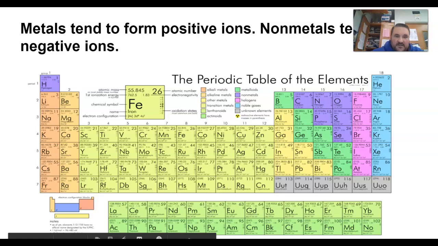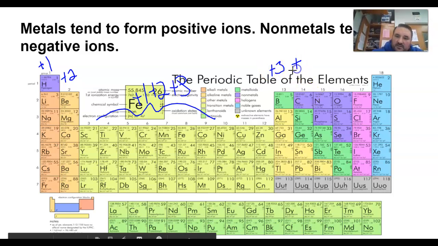I know I've told you guys this before, but you are more than welcome to write your charges above this on your periodic table. Everything in this group is plus 1. This has 2 valence electrons, they go away, that's plus 2. In the middle here, there's plus 1, plus 2, or plus 3, and they vary in there. Everything in group 13 is plus 3. Group 14 is plus or minus 4.